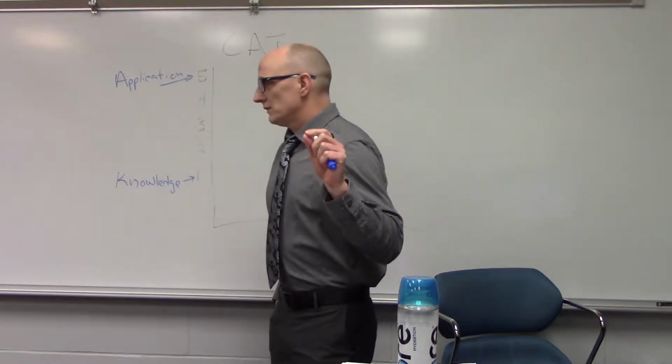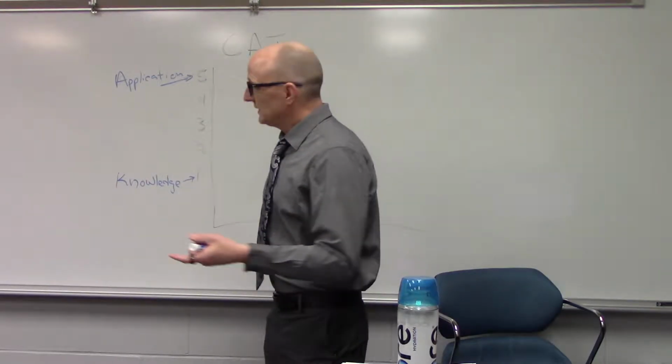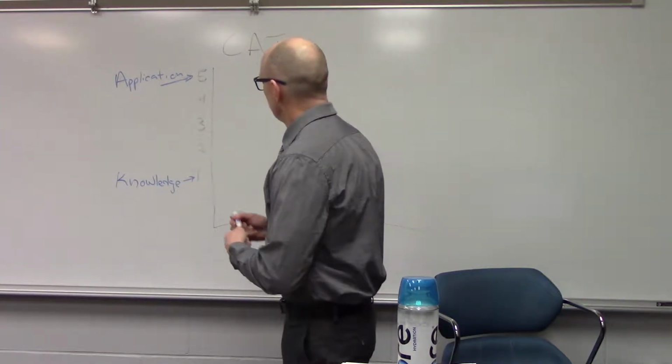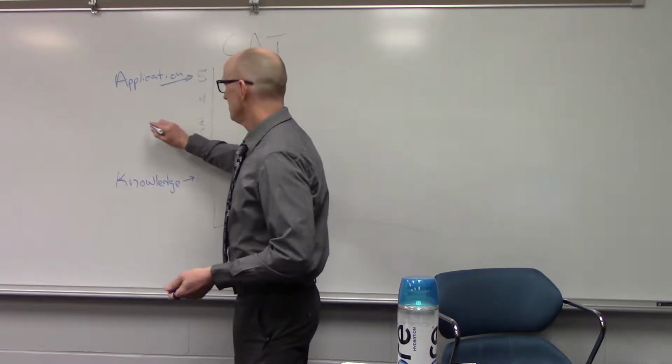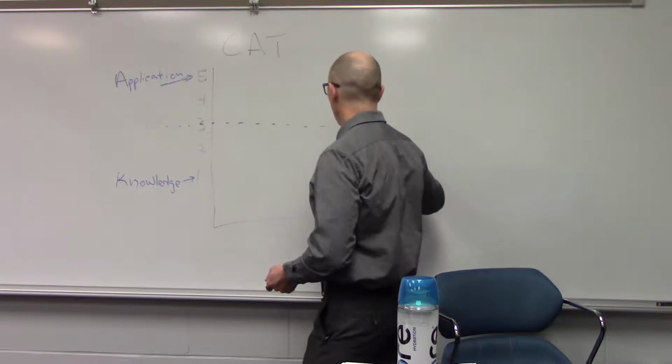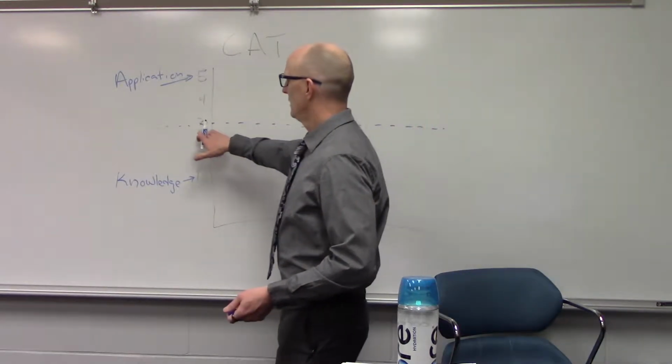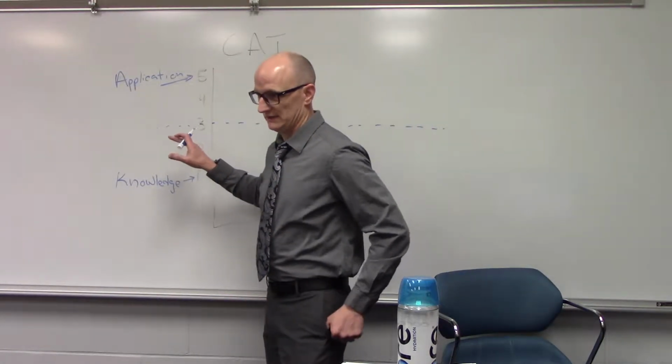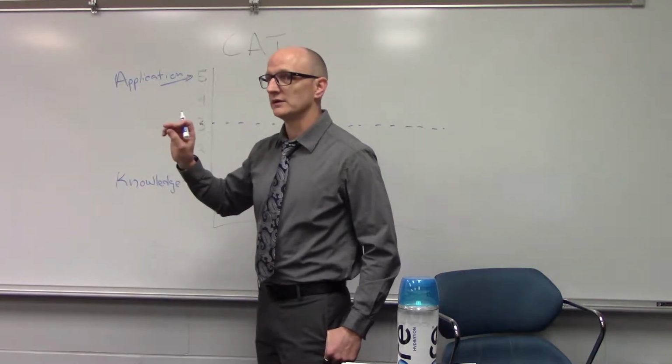So then, the way the NCLEX works, because it's artificial intelligence, is essentially you have to score, on average, above a level 3 on your test taking question.